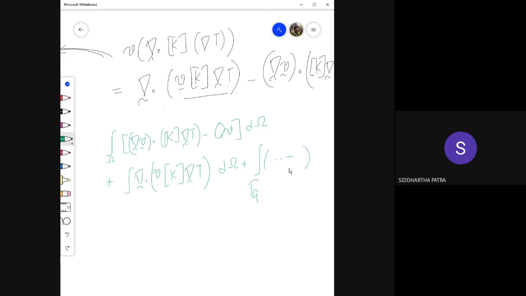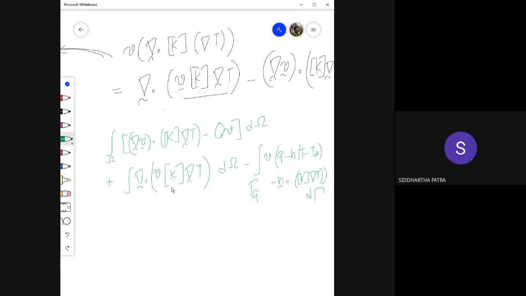So that would be v times q minus h (T minus T infinity). Actually, we could come with a negative sign, minus n dot k times grad of T d gamma.